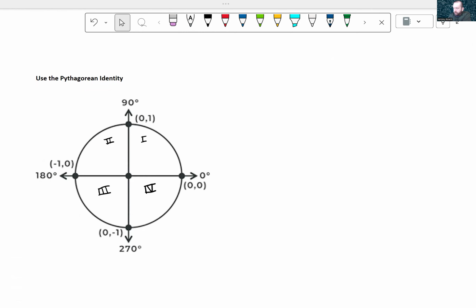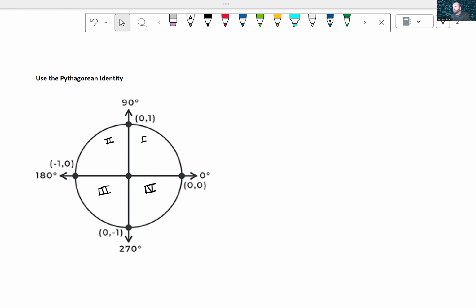Notice also that these are nice numbers, 0, 1 for 90 degrees, negative 1, 0 for 180 degrees, because the radius is always equal to 1. We're going to use the fact that the radius is equal to 1 in order to prove the Pythagorean identity. And the Pythagorean identity is basically just the Pythagorean theorem, but we're proving that it works on the unit circle, and we're proving that it works anywhere on the unit circle.